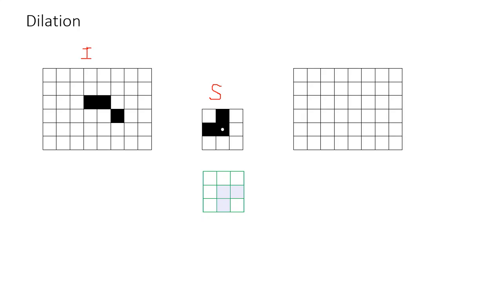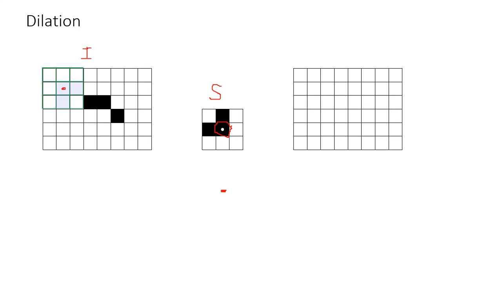Now you can see there is a well-defined center, or an origin, in the image. So we have to know where it is given any location of this structuring element. Now we move this structuring element onto the image, and we know here is the center. Is there an overlap between the black pixels in the image, actually they are white, and the structuring element white pixels, which are shaded in light blue?